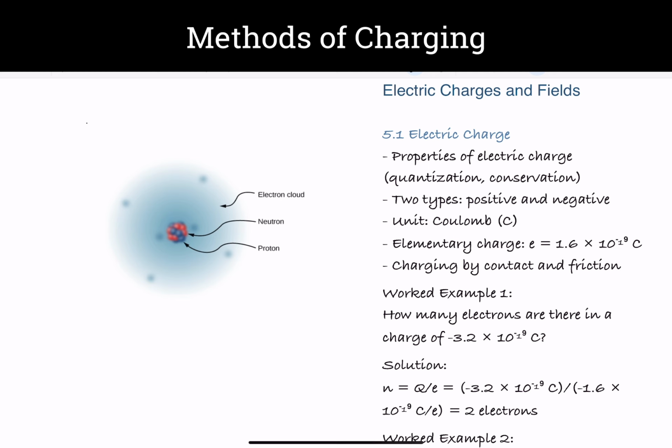So these are the three methods of charging objects: friction, conduction, and induction. In all of these cases, charging involves adding or removing electrons from the object. Always remember, it's only the electrons that can be transferred.